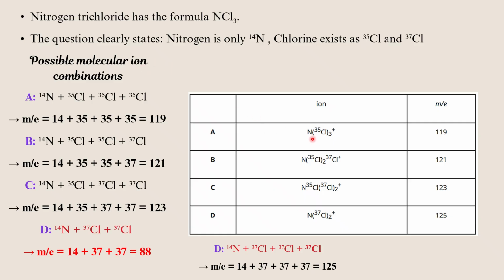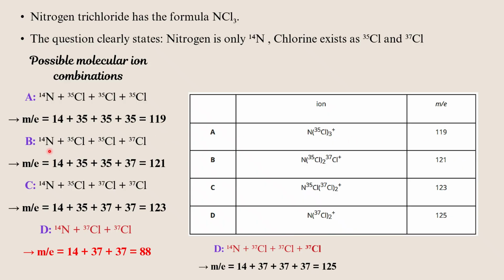The first one given is nitrogen and three chlorine-35. If we calculate the m/e value, we have 14 plus 35 plus 35 plus 35, so the sum is 190, which exactly matches the value given in the table. So option A is correct, but we have to determine the incorrect option.